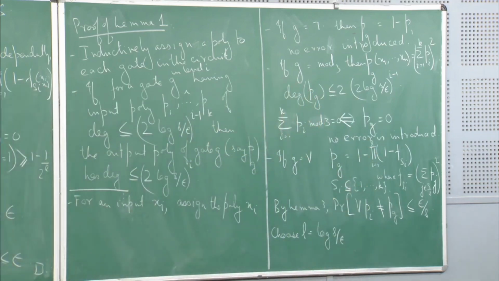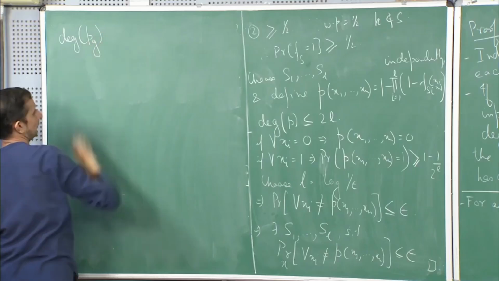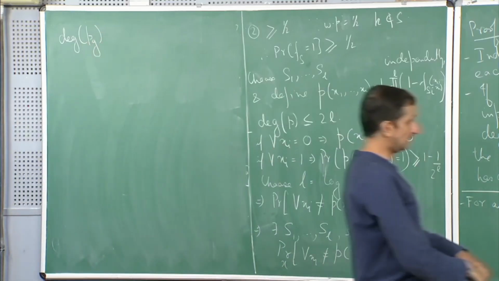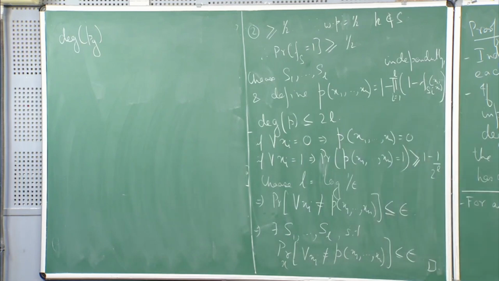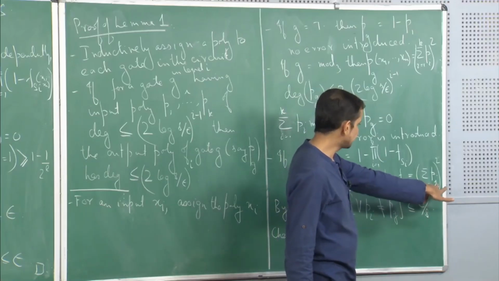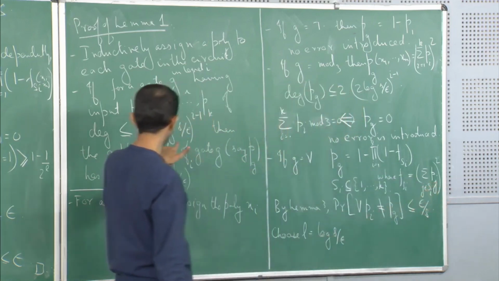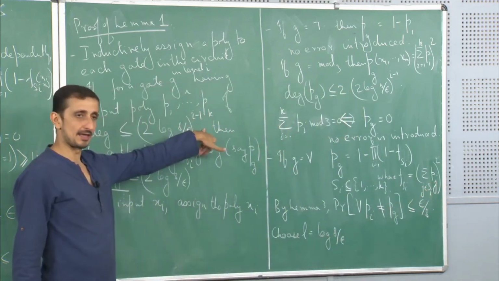Okay, so let's just analyze this quickly. How much is the degree of Pg? By induction, each of these Pj's has degree 2 log S by epsilon to the power i minus 1.